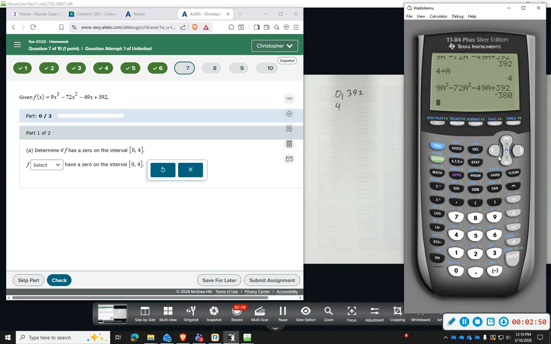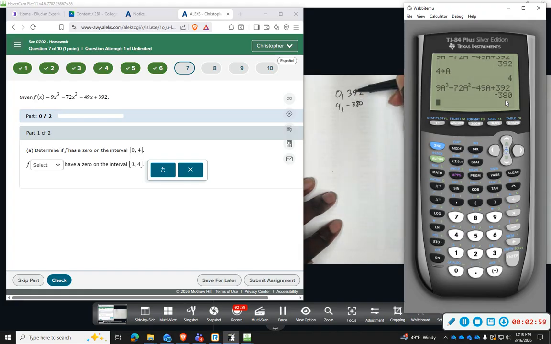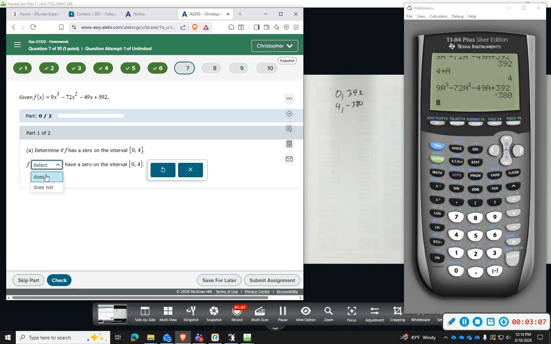If I hit enter, okay, this time it gives me a negative 380. So when we do 4, we get a negative 380. So we went from a positive R value to a negative. So that tells you somewhere between 0 and 4, the graph had to cross 0. So we're going to say it does have a 0 on this interval.